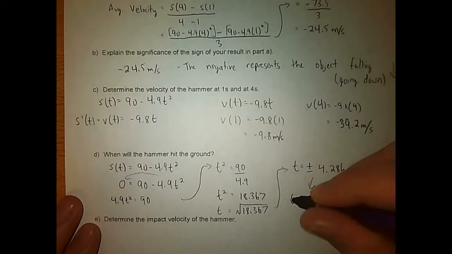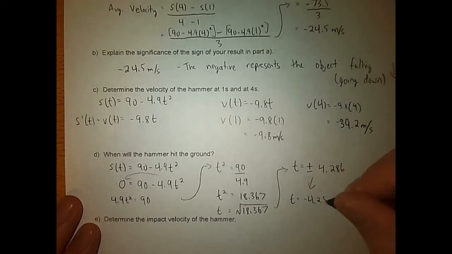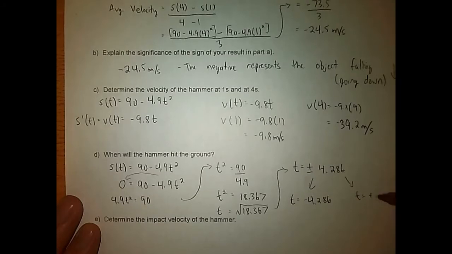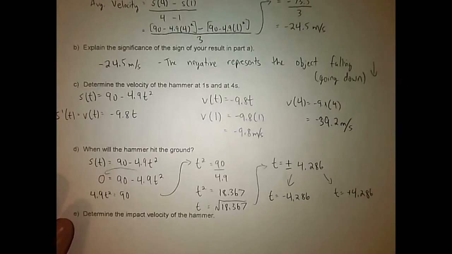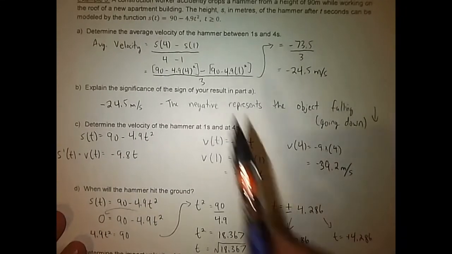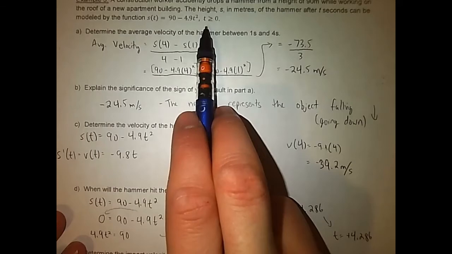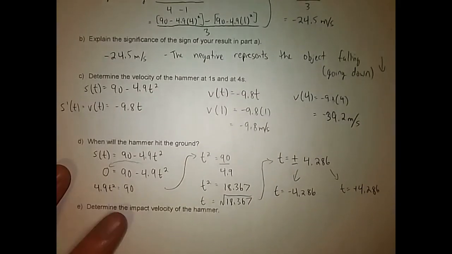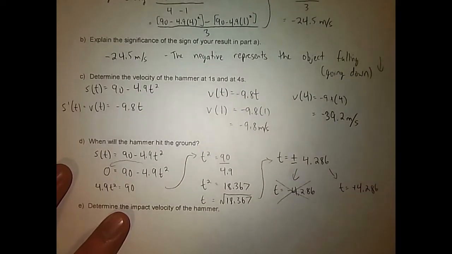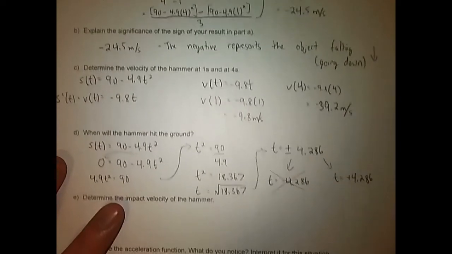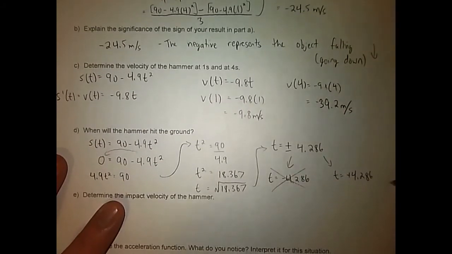So we have t is equal to negative 4.286 and t is equal to positive 4.286. So which time is it going to be? Well, they tell us that t, or the time, has to be greater than or equal to 0. So I cannot use this one because that's a negative value. So the hammer hits the ground at 4.286 seconds. So we'll say, therefore, this number.